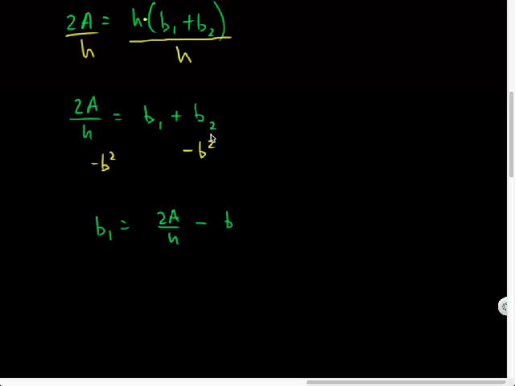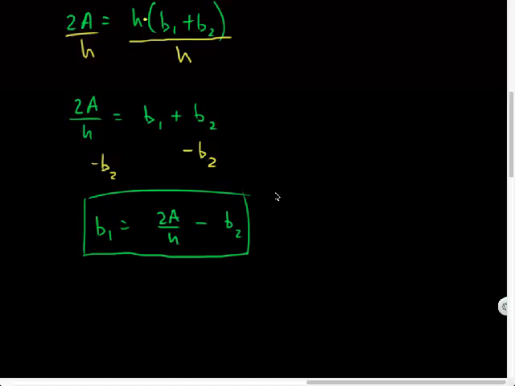How embarrassing. Let me fix that. Completely different between a subscript and a superscript. Oh my goodness. So here is a formula for base 1 of a trapezoid if you happen to know the area of the trapezoid, the height of the trapezoid, and the other base.